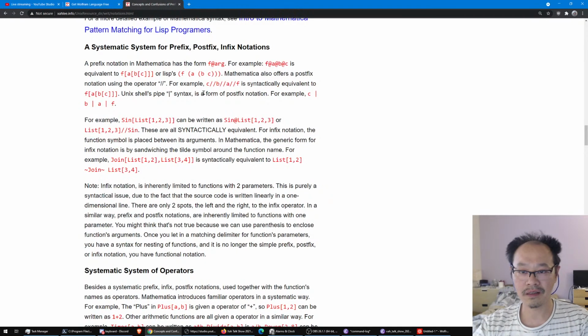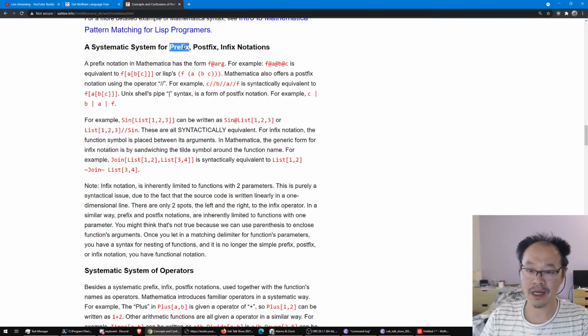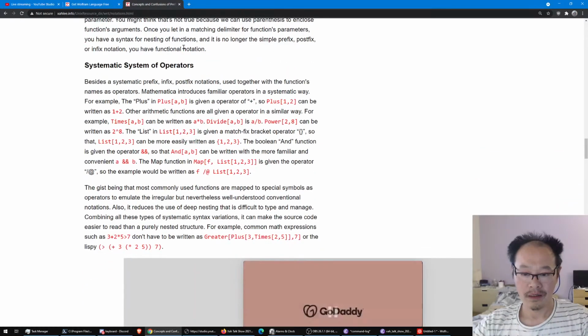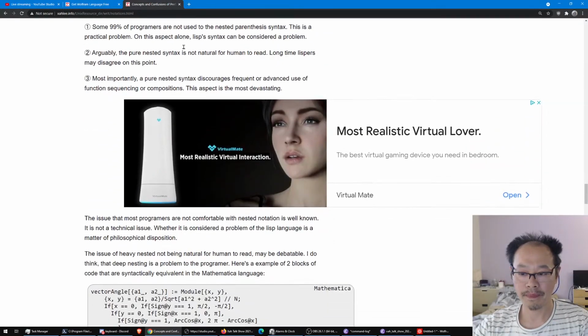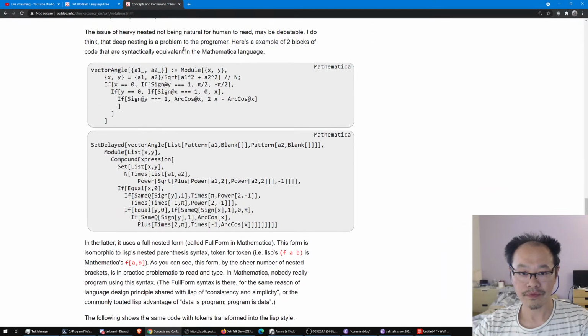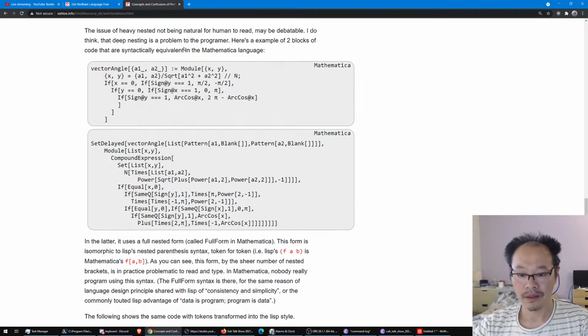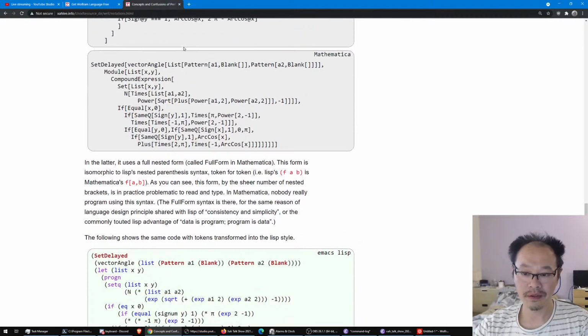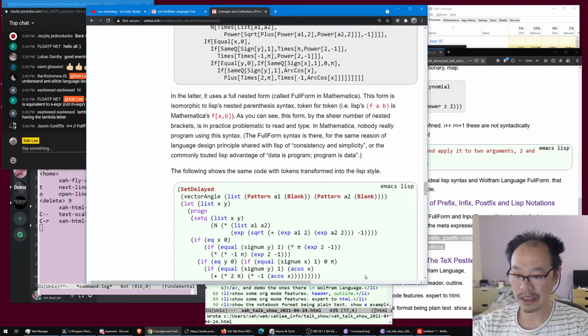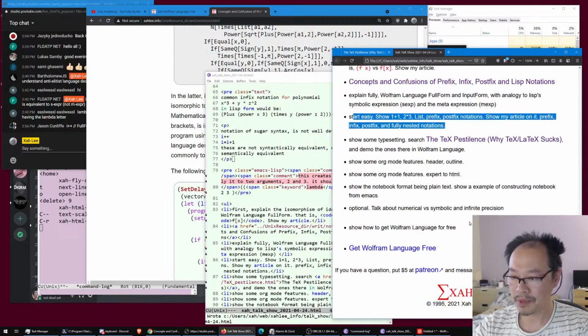There's a postfix notation and prefix notation in Mathematica too. Anyway, I already explained these things, so let me move on.